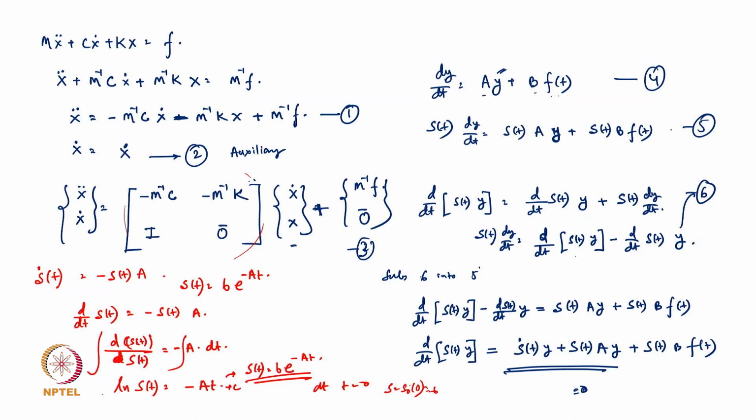So that should be your B. So whatever is your S0, that S0 should act as a B. So that S of t is nothing but S0 e to the power of minus A, that we have to pre-multiply here.